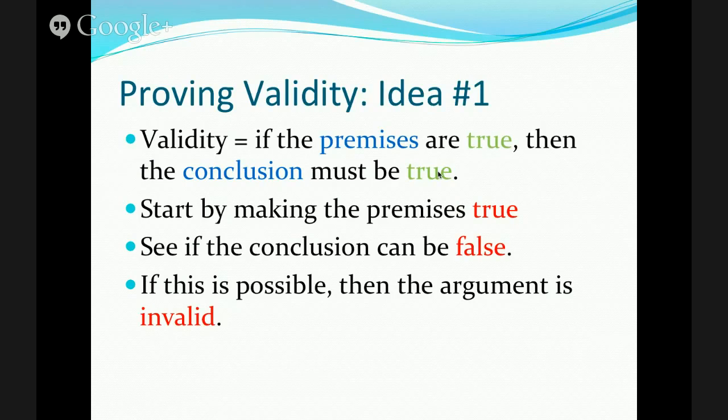And we care about validity because that's a really great feature to have. Because that means no one can prove our argument false if we can just prove these premises are true.